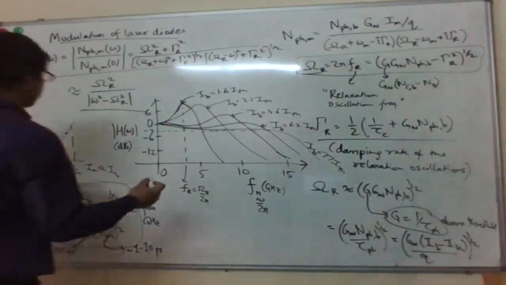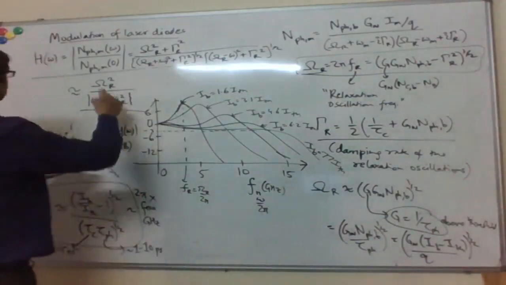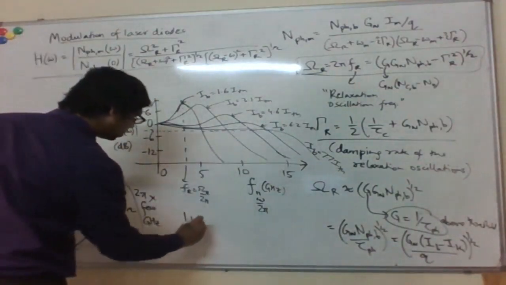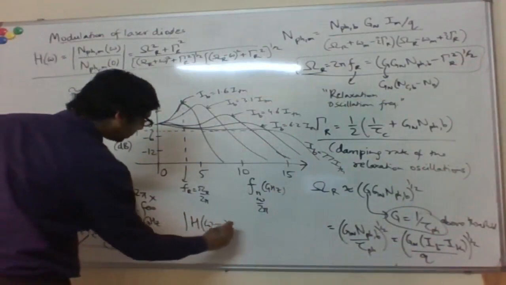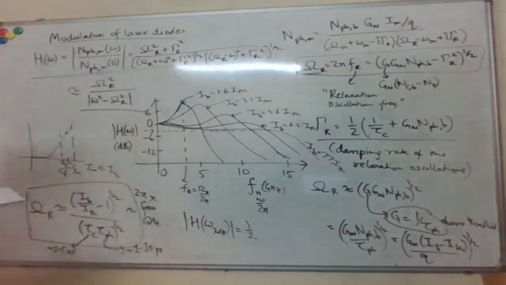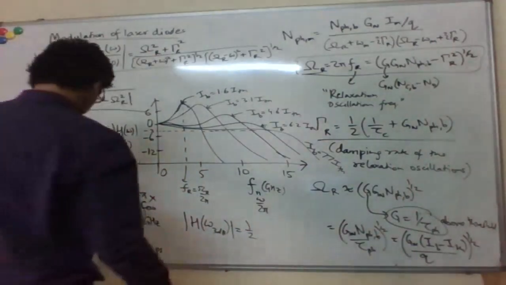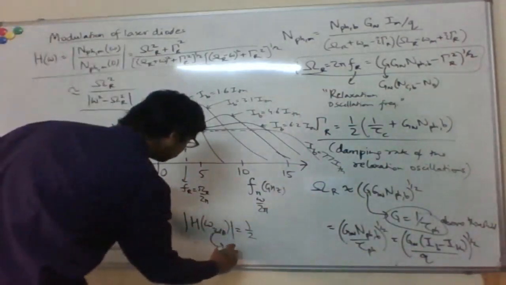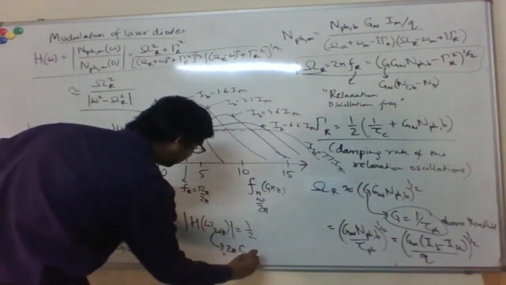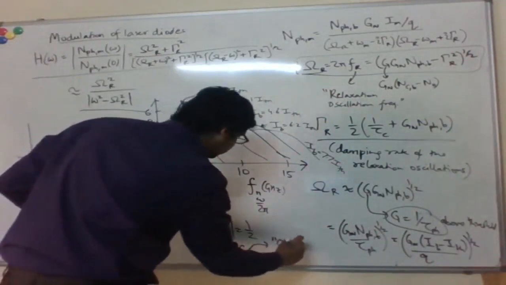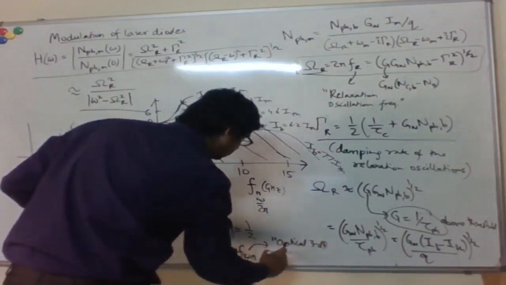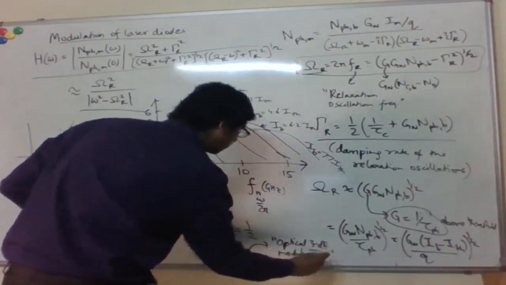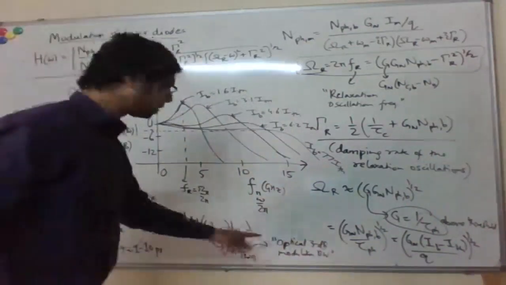Okay, so we can calculate the bandwidth of operation by asking at what point, at this omega 3 dB, this becomes half. That's what is known as the optical 3 dB. So this is 2 pi f 3 dB, the optical 3 dB modulation bandwidth, just like for the LED case. You can also define an electrical bandwidth if you put this equal to 1 by square root of 2.